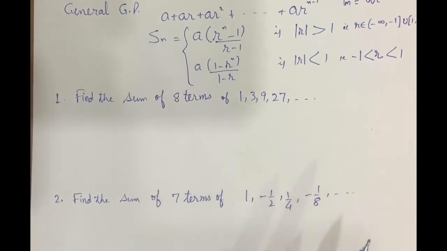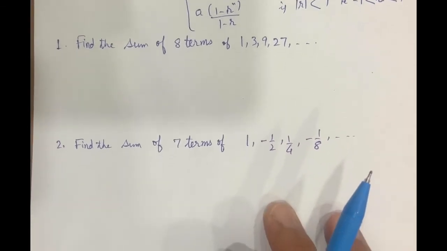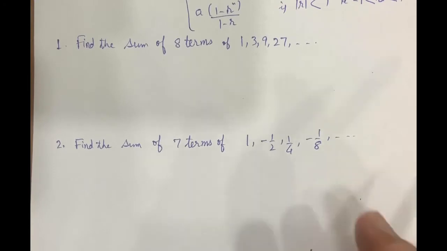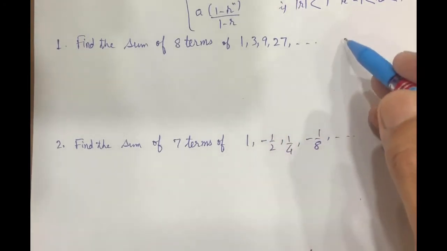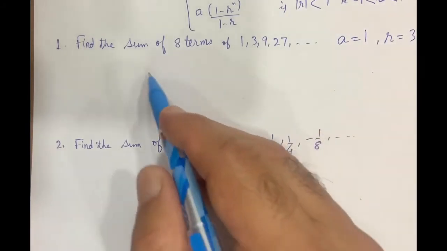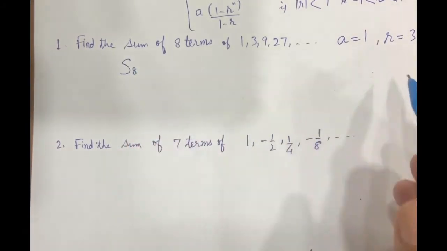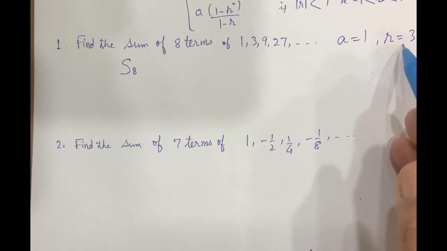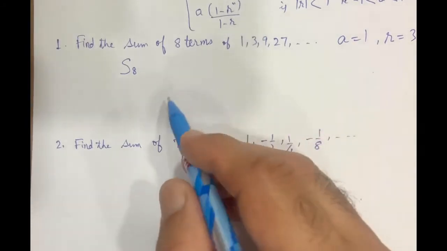The first one, we identify a GP 1, 3, 9, 27 with first term 1 and common ratio of 3, and we have to find the sum of 8 terms. Since the common ratio is greater than 1, we will use the first formula.